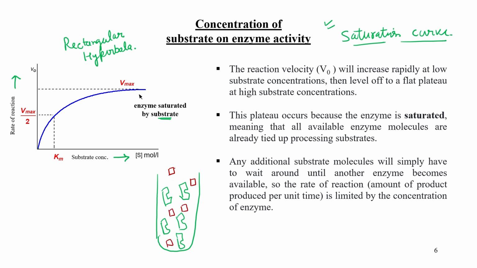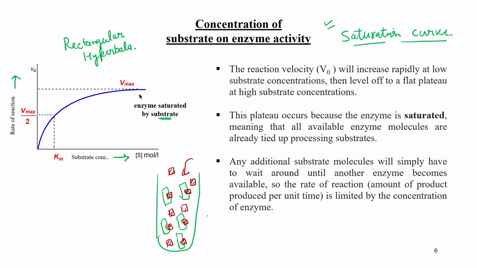Initially, all the substrate comes and binds to the active sites. When all the active sites have been occupied by the substrate, this brown one is the substrate, and again I continuously increase the substrate concentration.